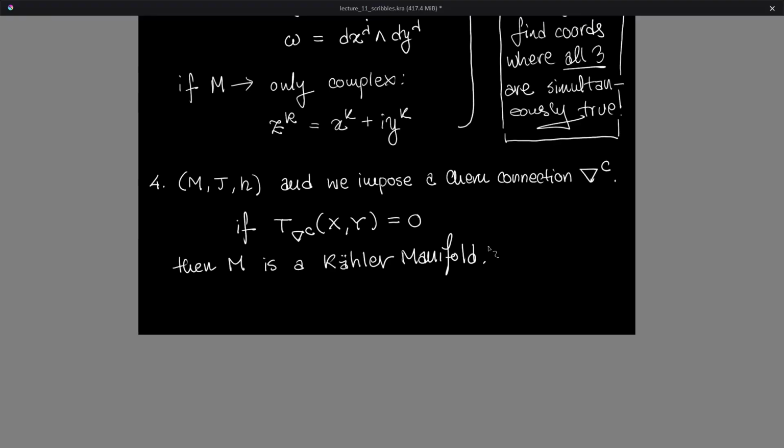So this time we're going to look at a proof that this means that the Chern connection becomes the Levi-Civita connection. Okay, so for the proof, let's go to the next page, give ourselves some space. So the proposition is: let (M, J, H) be a Hermitian manifold.